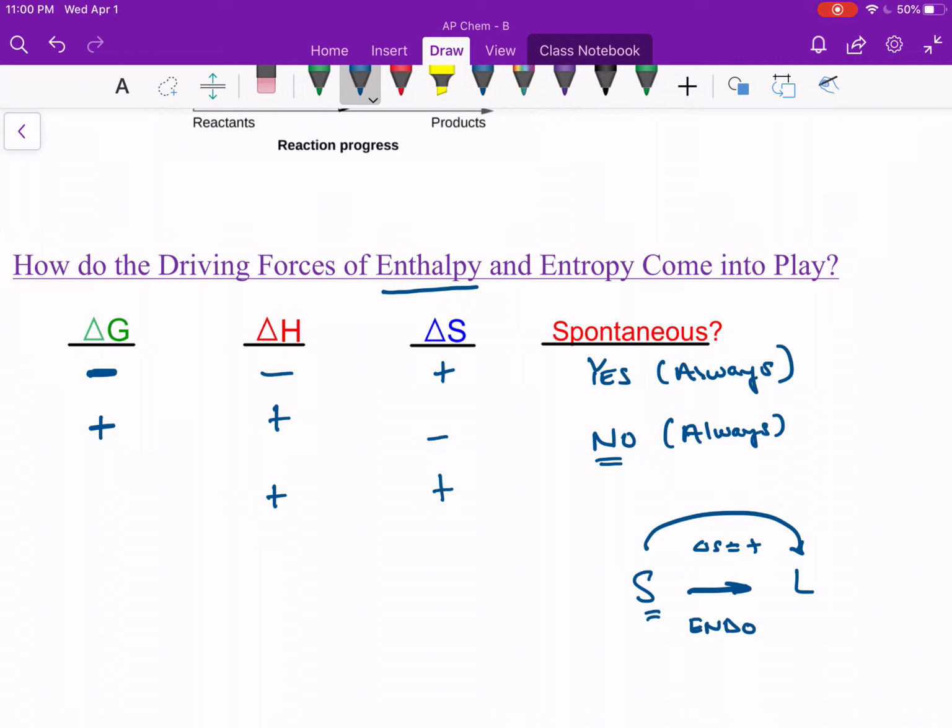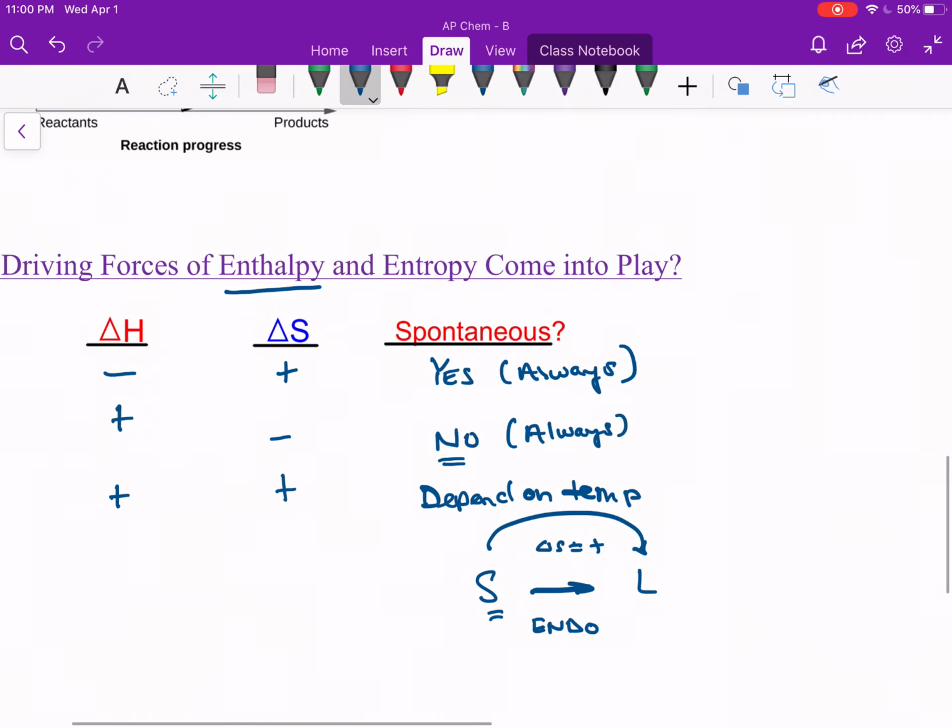Well, in this particular case, what's going to happen? Well, we know ice melts sometimes, but it doesn't at other times, right? So we know ice will melt at 25 degrees C if we put it on there, but if we put it in the freezer, is the ice going to melt? Not so much. So in this particular case, delta G can be negative or positive, and it's going to depend on the temperature, right?